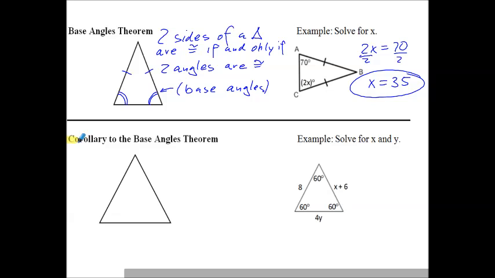There's also a corollary to the base angle theorem. Well, what's a corollary? Corollary essentially means an extension. And this corollary to the base angle theorem says an equilateral triangle, which means all three sides are congruent, also has three angles that are all congruent.